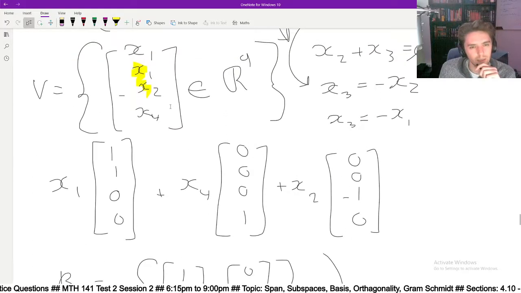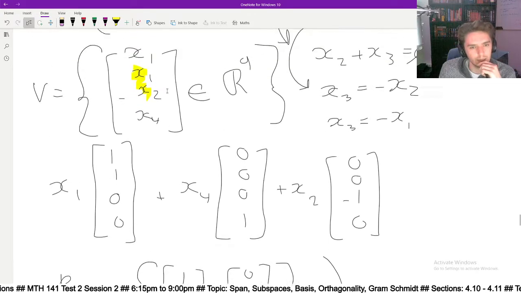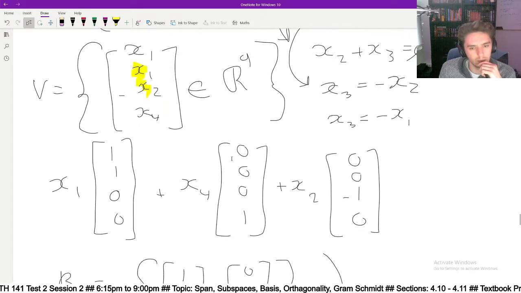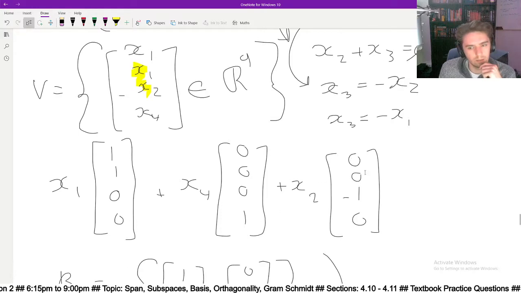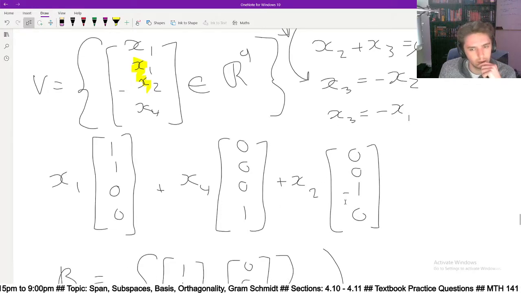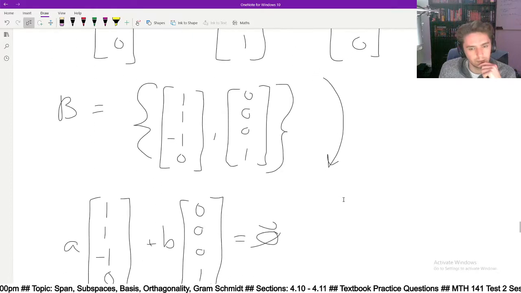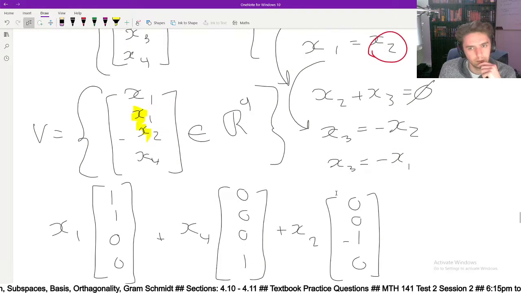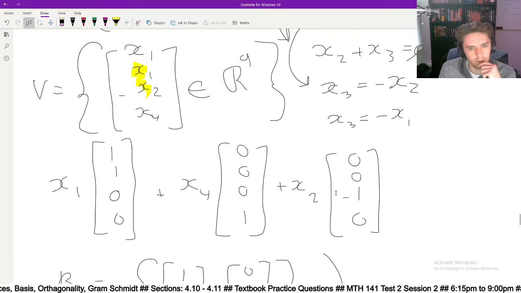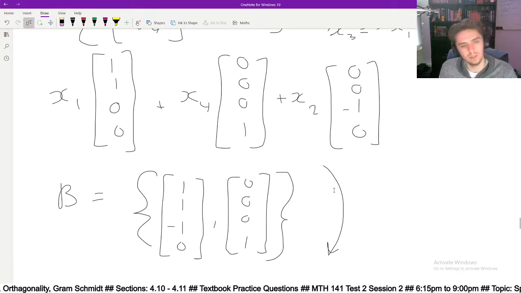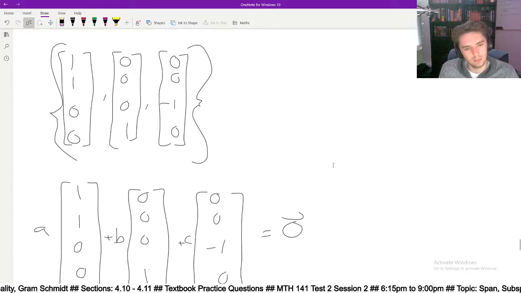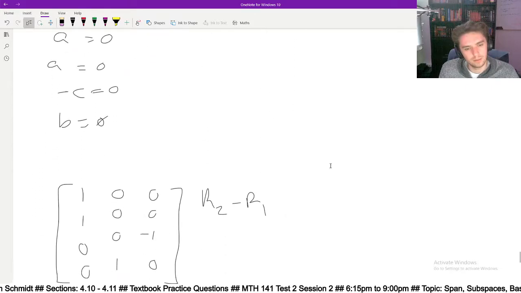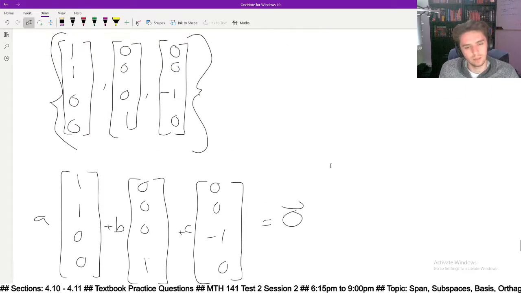So if I left that as negative x2, it'd be 1, 1, 0, 1, 0, 0, 0, 1, 0, 0, negative 1, 0. Strange. Definitely expected that to be dependent. I mean, I keep saying the wrong one. Definitely expected that to be dependent.